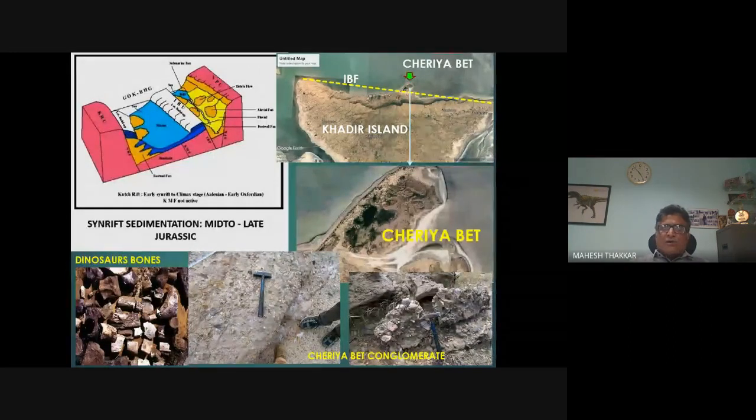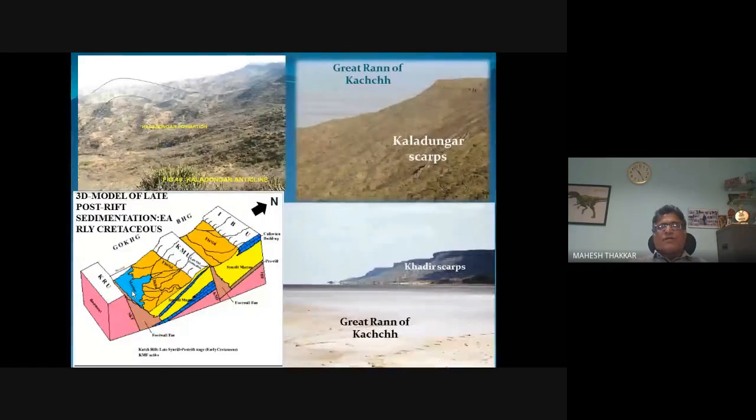Okay, this is already proved. I don't know the name of that dinosaur, but there is a dinosaurian bone, and there is a paper over it.